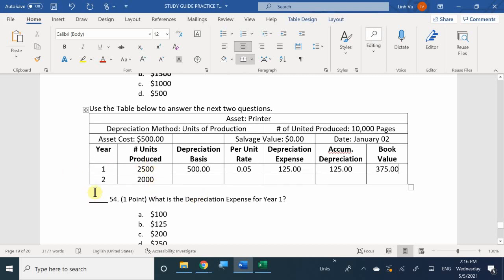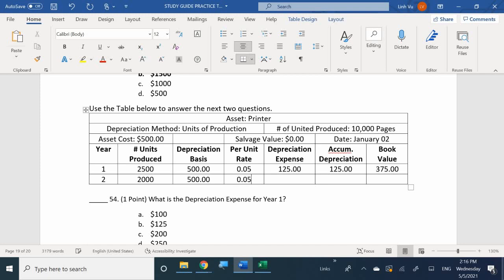For year 2, what's the depreciation basis going to be? Like 375. Which method are we using? Oh, units produced. So it'll be the 500. What about the per unit rate?